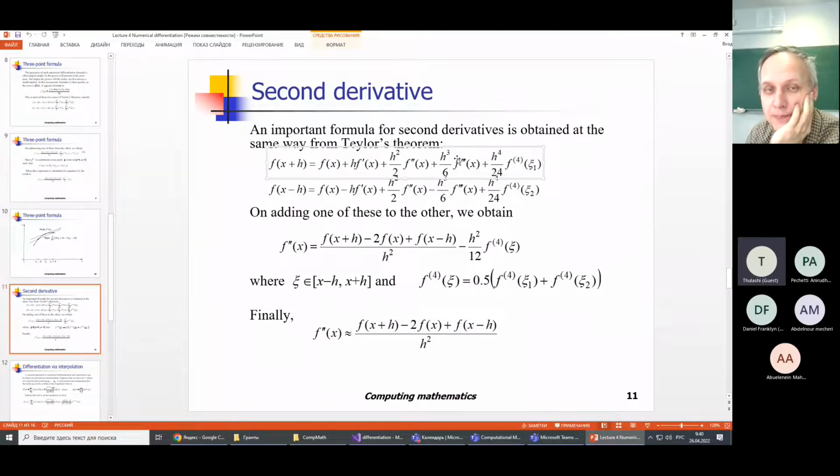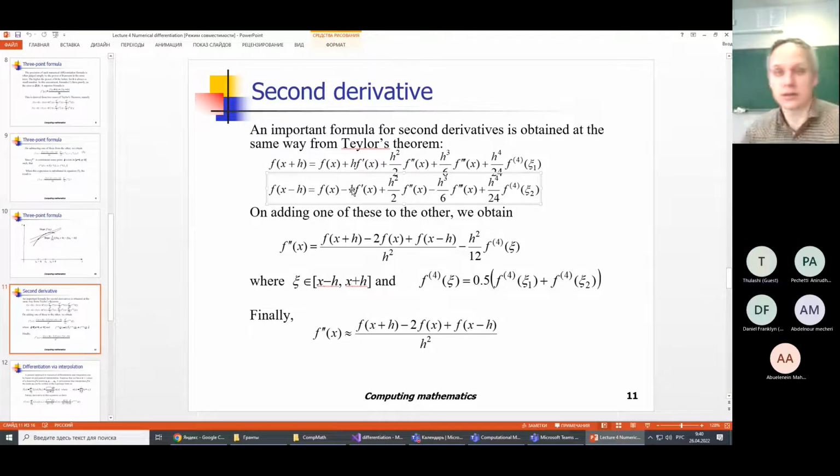And the same formula, but for x minus h. In this case, these two formulas differ just in the sign of h.